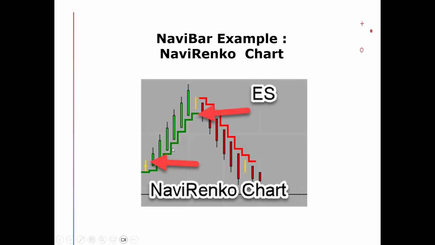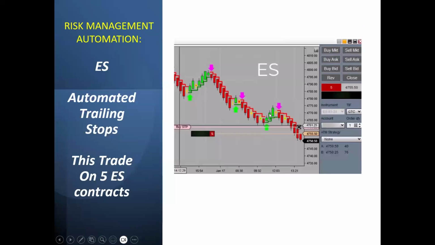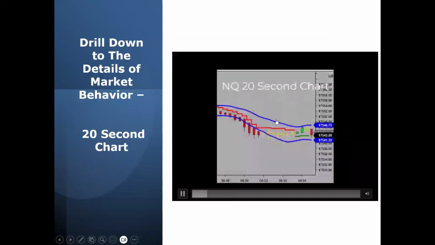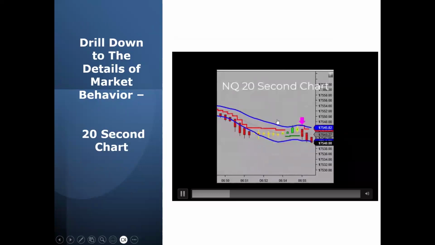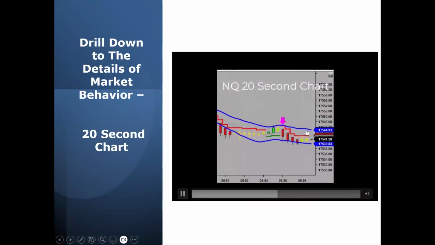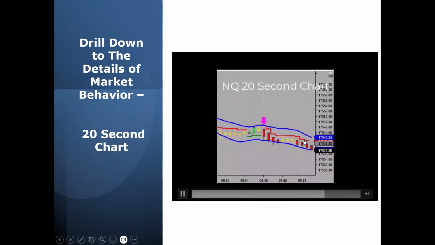Here's an example of a NaviRenko chart. Here's an example of the E-mini using the trailing stops. Here's a 20-second chart. We mentioned the idea of scalp trading. On this chart, we've got the velocity channel, the blue lines.